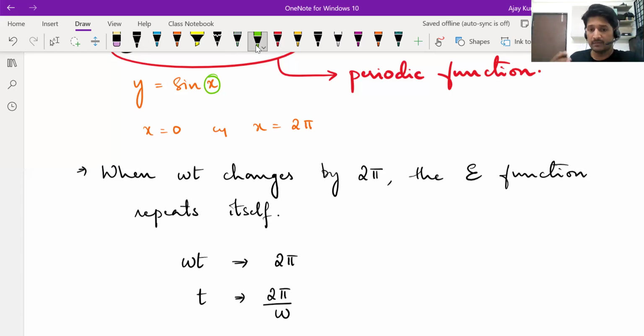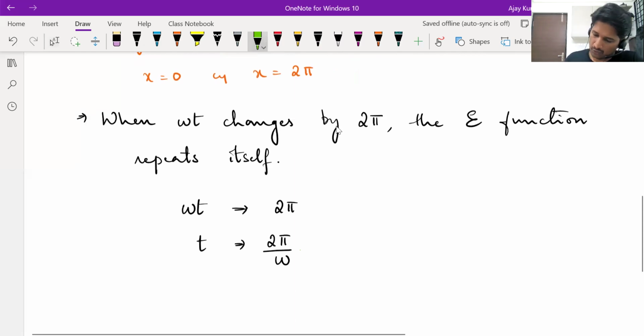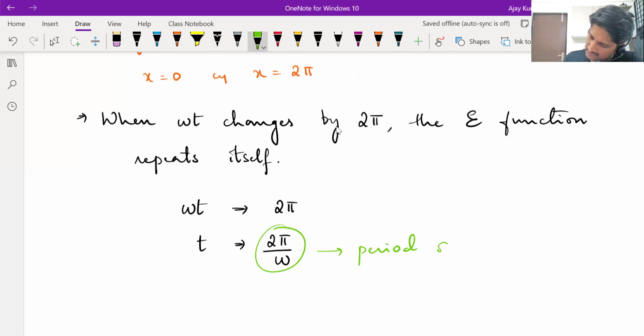So whenever time changes by 2 pi by omega, the EMF function will repeat itself. Is this clear? Yes, sir. So this 2 pi by omega is called the period of this function, the time period of this function, or equation you can say.